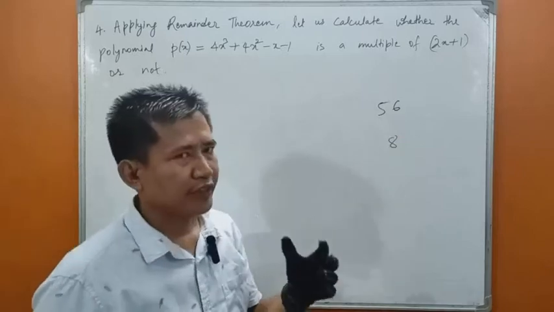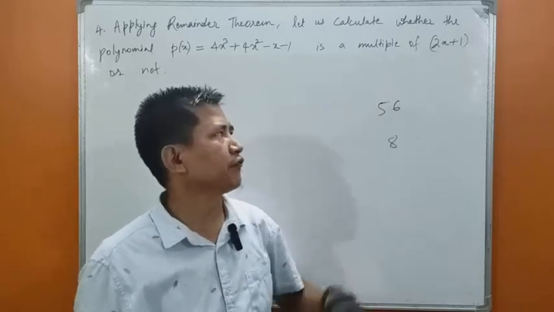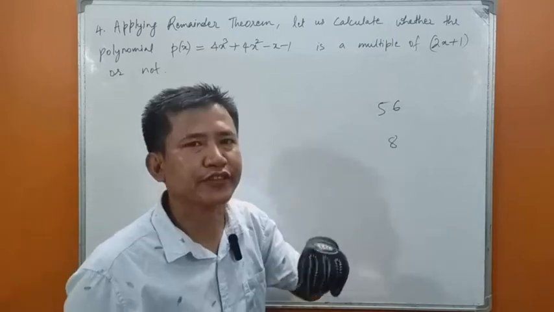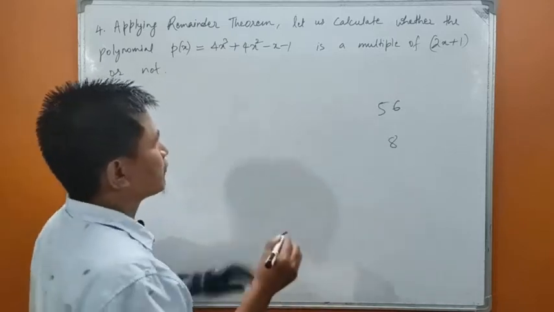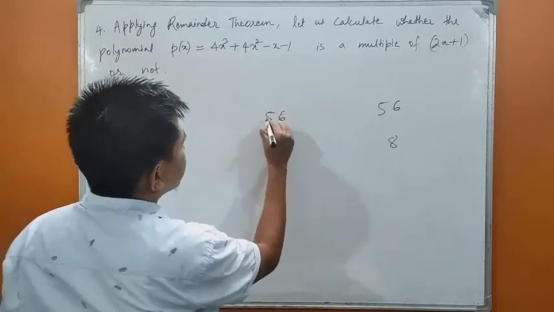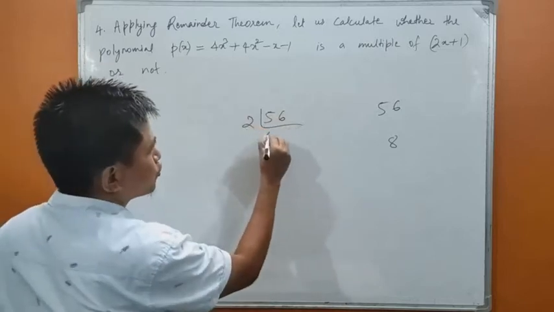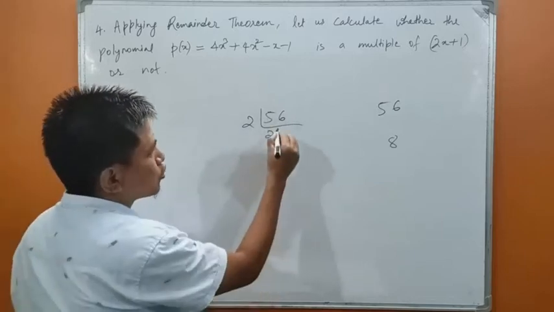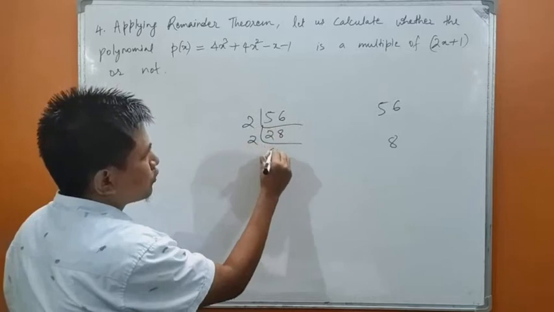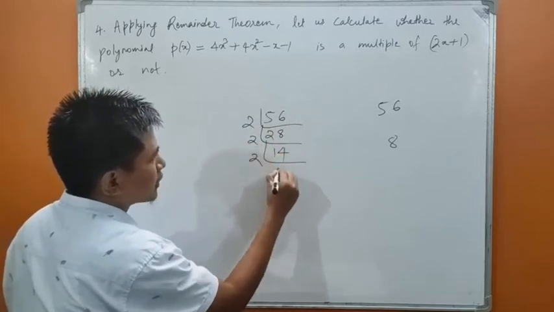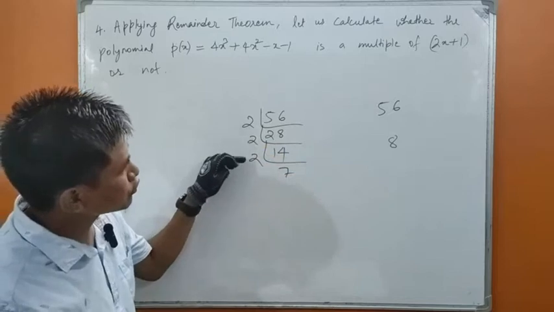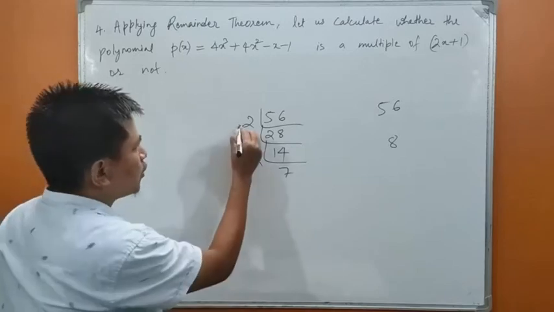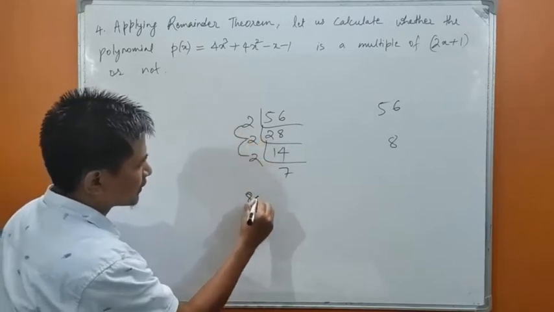If I ask you whether 8 is a multiple of 56 or not, what we usually do is we find the factors of 56. 2 2s are 4, 2 4s are 8, and 2 7s are 14. 2 into 2 into 2 into 7 gives 56. 2 2s are 4, 4 2s are 8, 8 7s are 56. Here we have 2 2 2, this becomes 8 into 7.